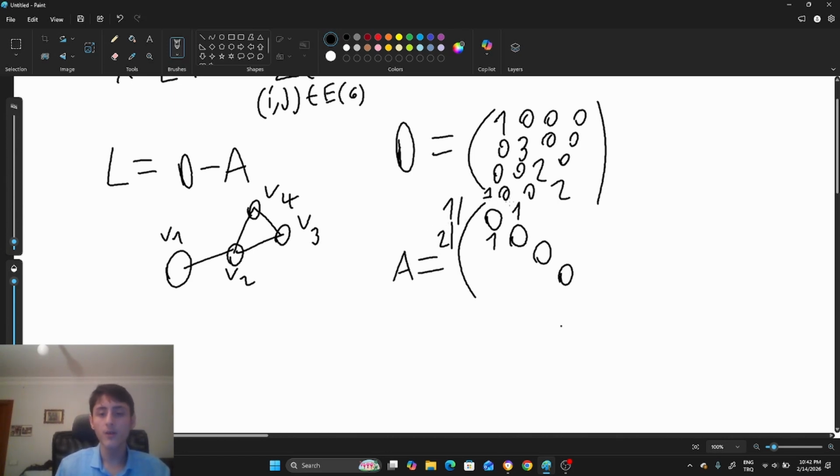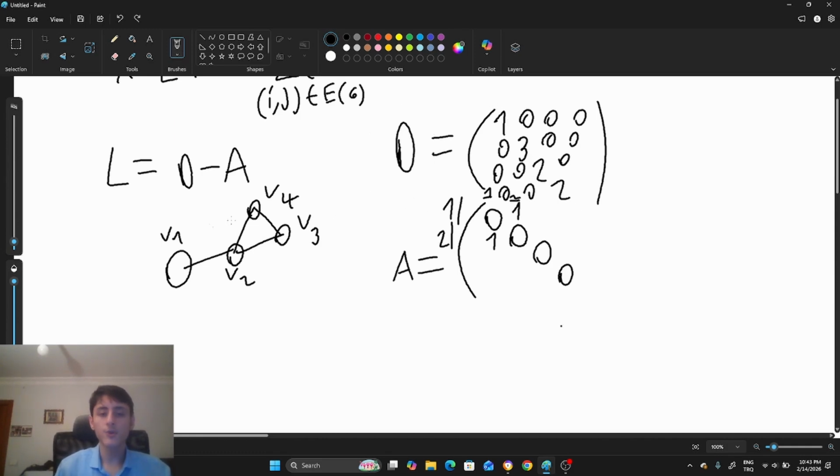So what we can infer from this is that our adjacency matrix is going to be symmetrical along the diagonal. Similarly, the degree matrix is also symmetrical through its diagonal.